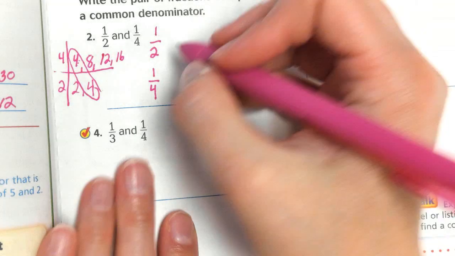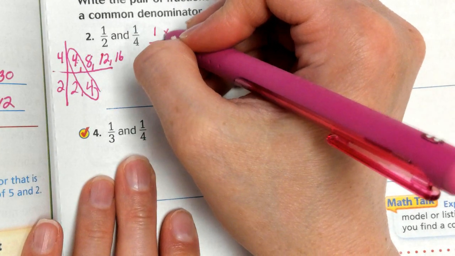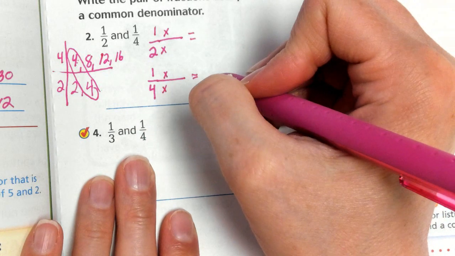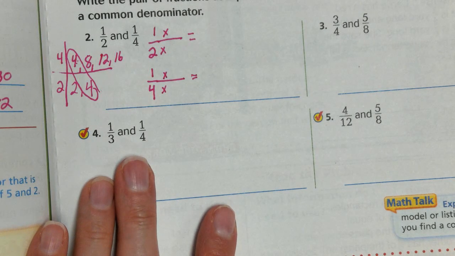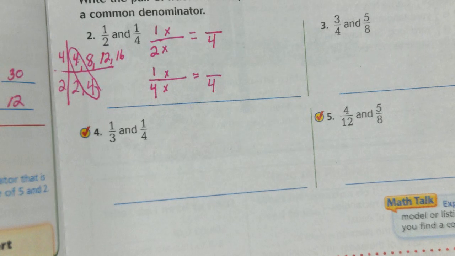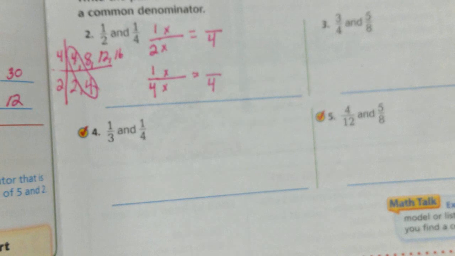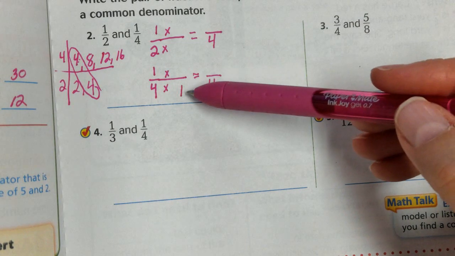So 4 is my common denominator. 4 times what number equals 4? 4 times 1 equals 4. So I multiply the denominator by 1.